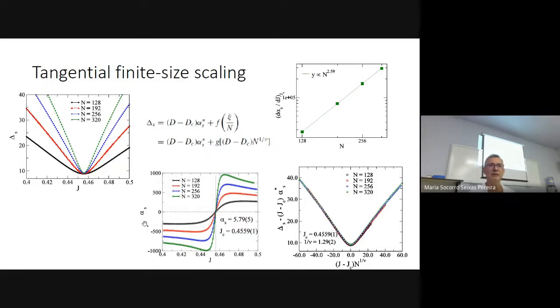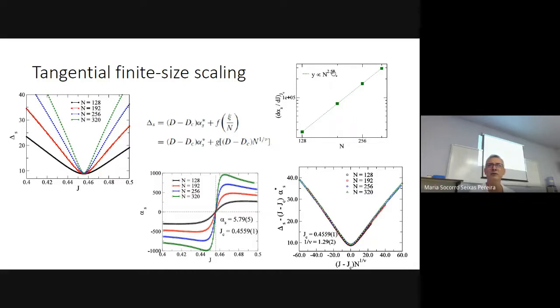We computed these slopes as a function of J for different chain sizes. The curves will cross at a single point that identifies the critical value of J. And we look at the scaling behavior of these slopes, or the slope of the slope, the second derivative, the curvature of these curves. We see how the curvature scales with the chain size.